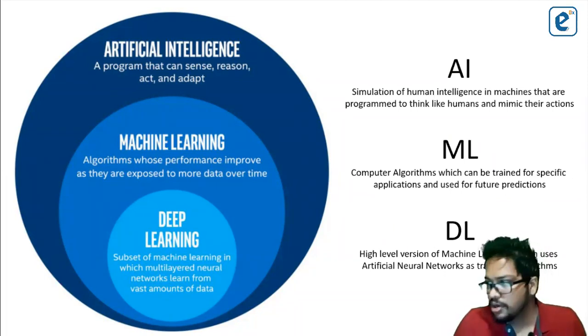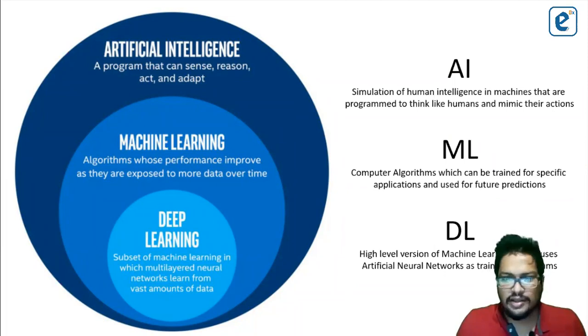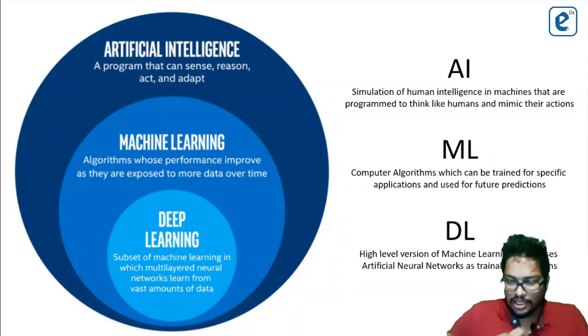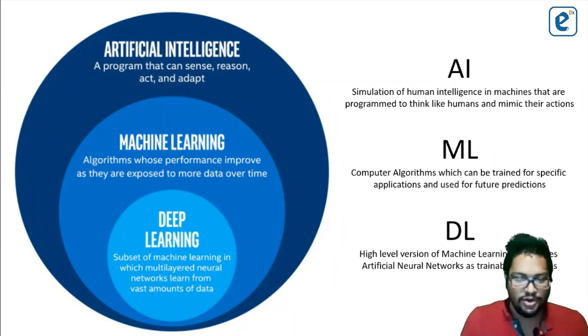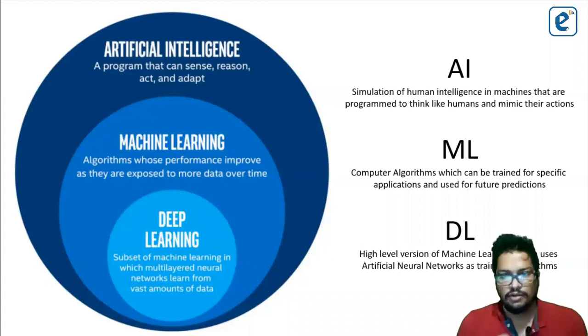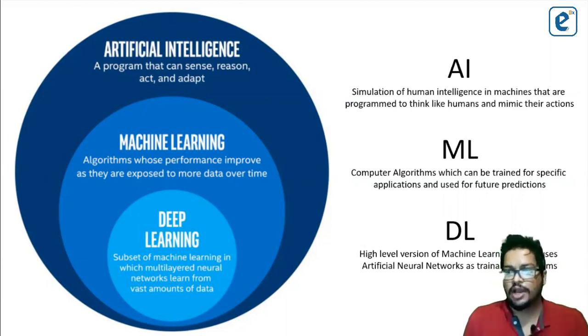So that's what we do with our intelligence; we can do a lot of things using it. That's what we call intelligence. Artificial intelligence is about taking whatever we do with human intelligence and replicating or implementing it in artificial environments, that means machines. It can be a computer, a mobile phone, or any electronic device.